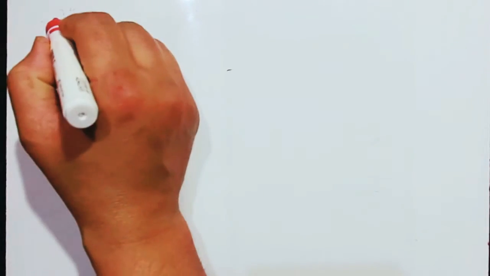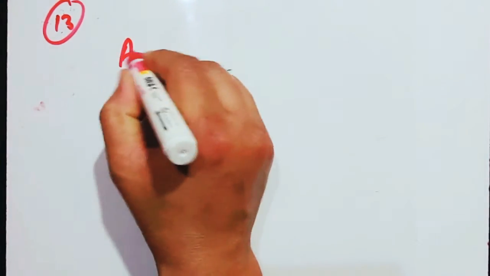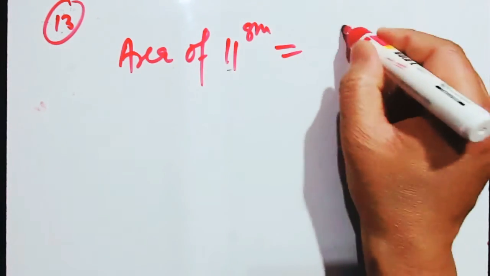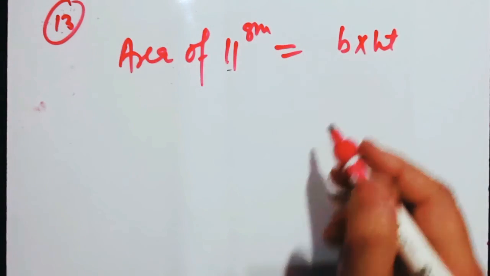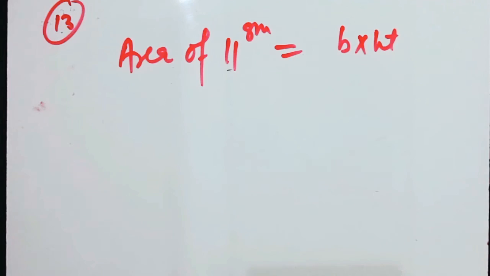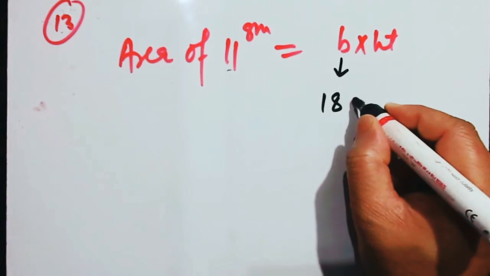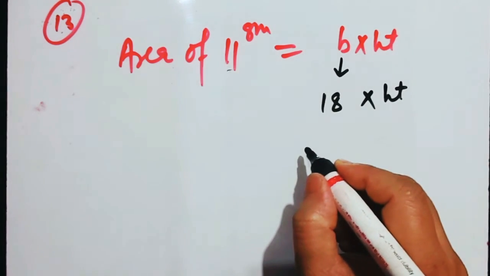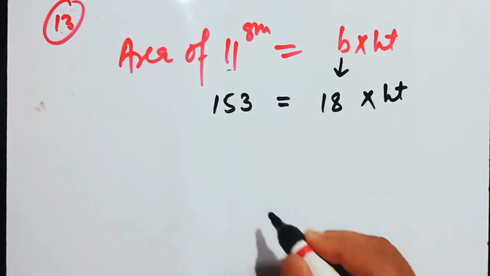Means number 13 says that one side of a parallelogram is 18 centimeter. So area of a parallelogram is equal to how much? Area of a parallelogram is equal to base into height. Very good. Now they say that one side is 18 centimeter. Let us take this as the base, 18 centimeter, and the height I do not know. But its area is given, 153 centimeter square.